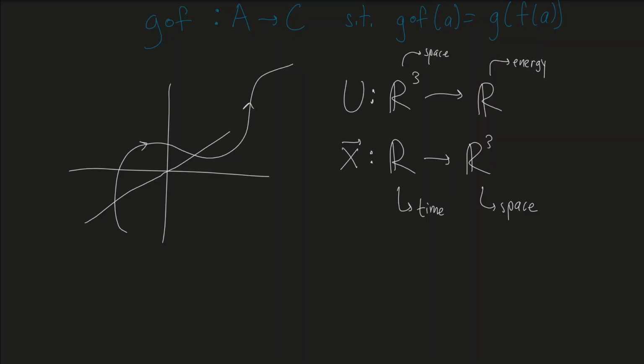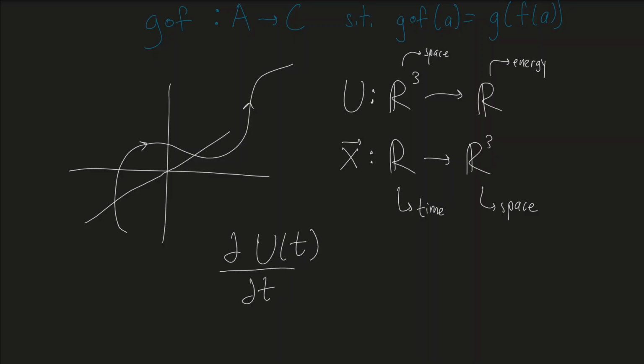This is actually a useful question, in particular because if you then get the potential energy as a function of time, well, now we can differentiate this with respect to time.